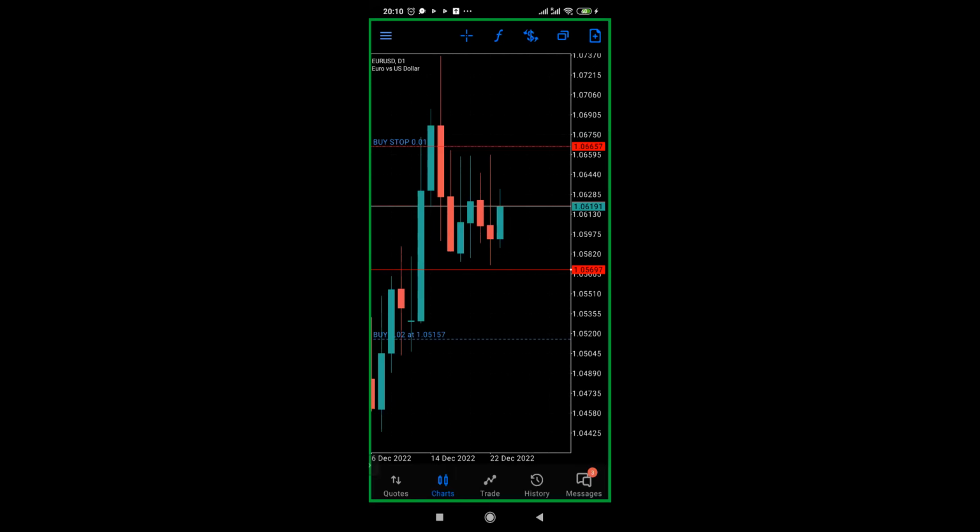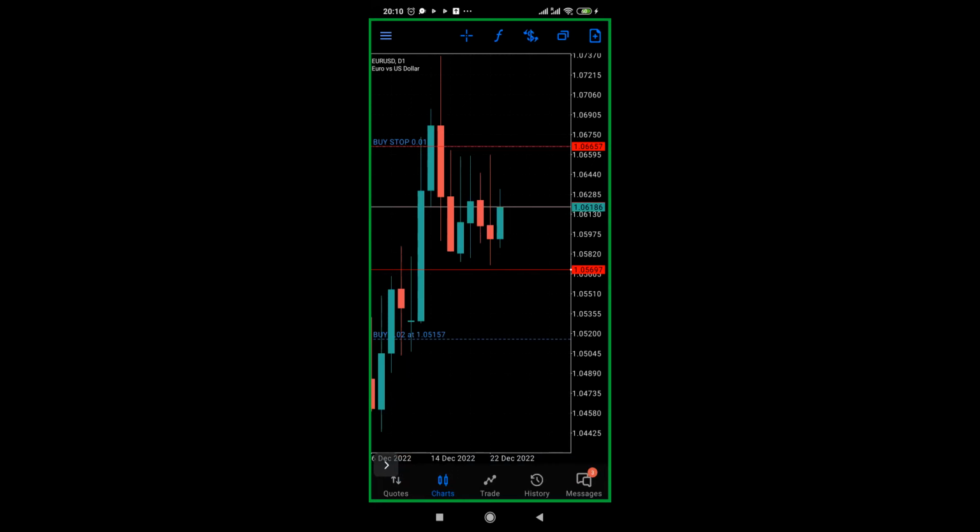I'm talking about this zone right here. So when price comes down like so, and touches this price point, you want to enter for a sell. How do you do that? You use a sell stop.